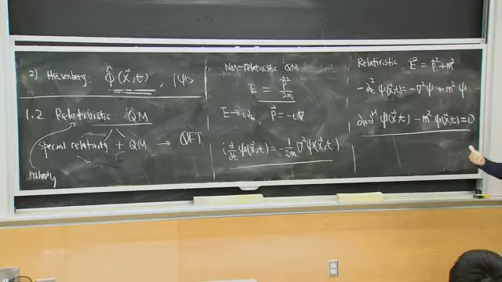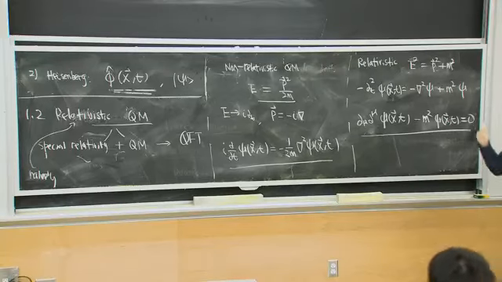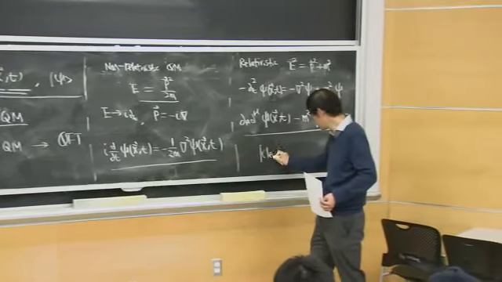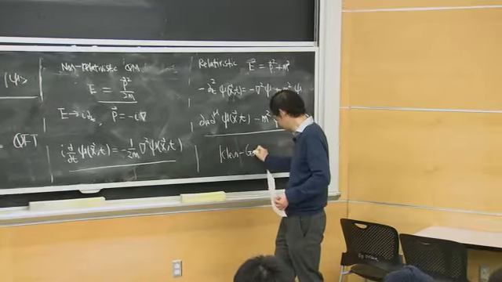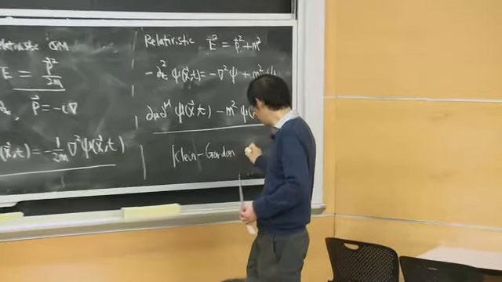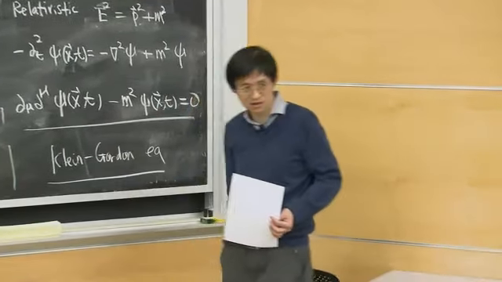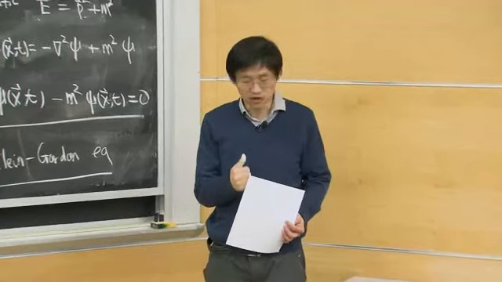This is the simplest scalar field theory equation of motion we have written down. But here the interpretation is very different. Earlier we wrote down this equation and said this is the Klein-Gordon equation, the equation of motion for the simplest free scalar field theory.